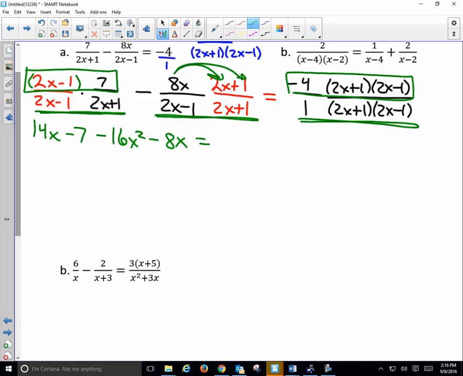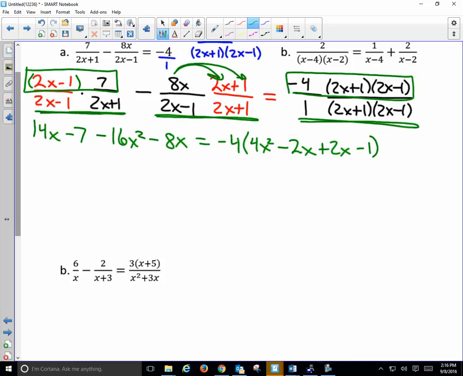And now we will multiply this out and then multiply it by a -4. What's 2x times 2x? 4x squared. 2x times -1. Negative 2x. 2x times positive 1. Positive 2x. And then 1 times -1 is a -1.